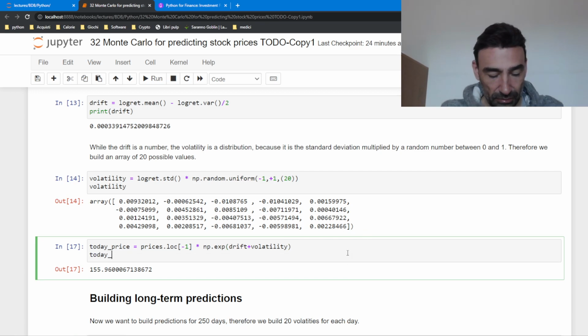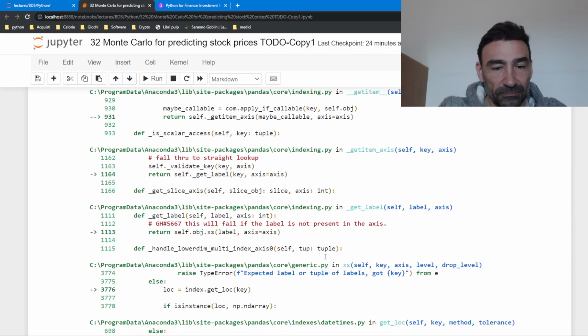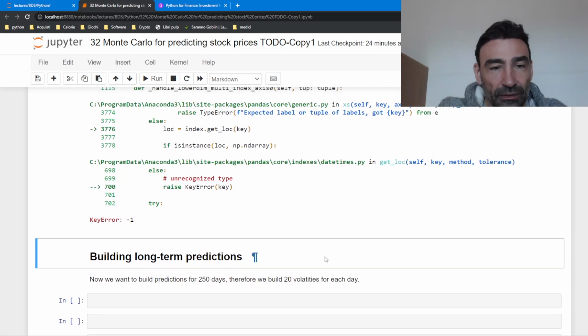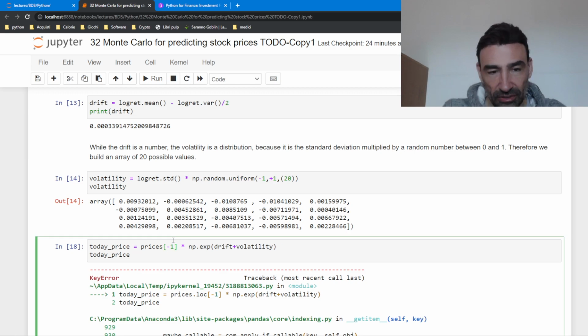So today price. What happened? -1. See, yes, sorry, not lock, but prices of -1 directly.